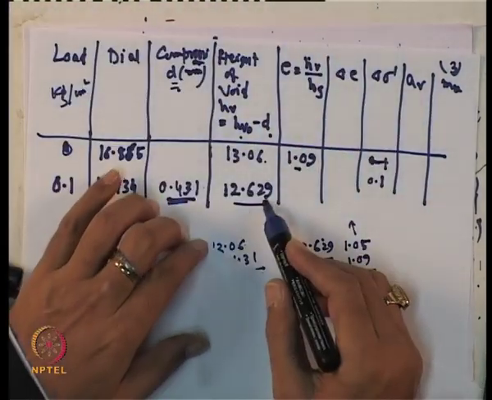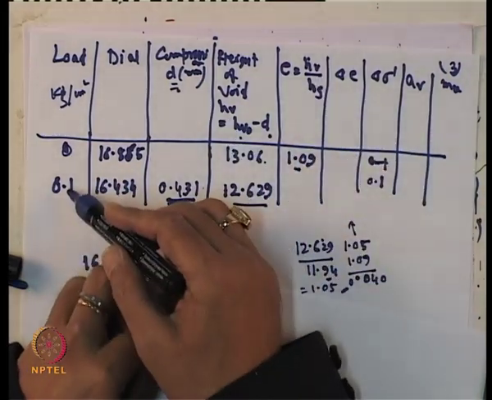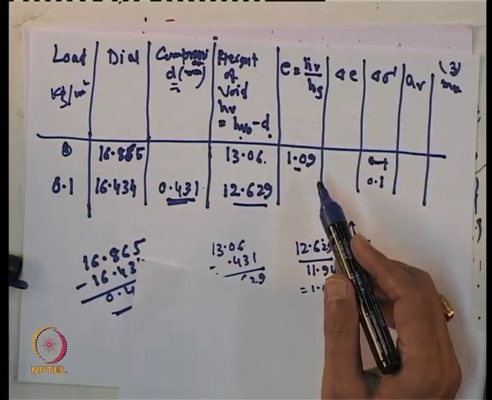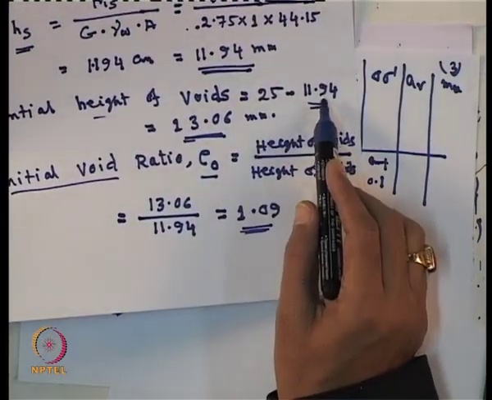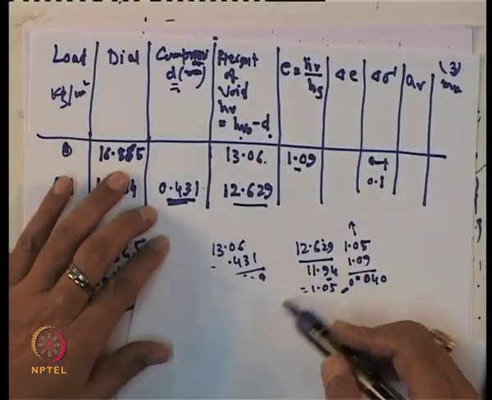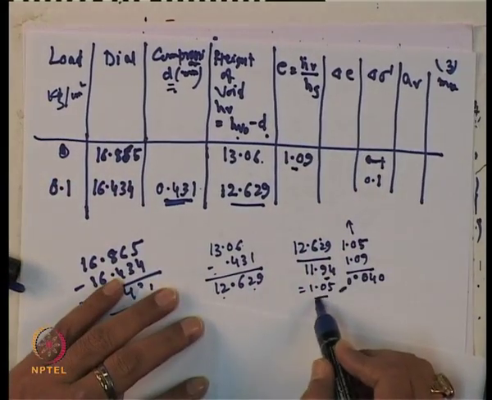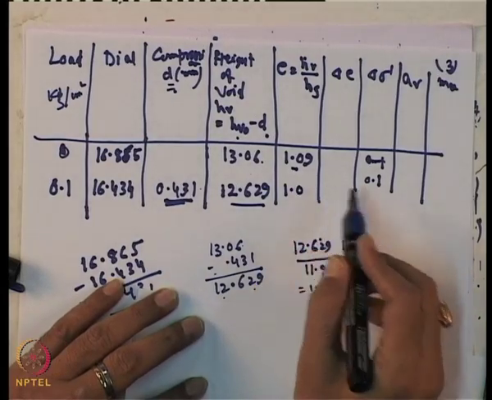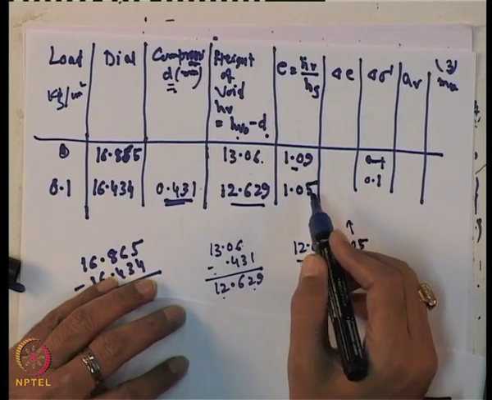So 12.629 is the height for a load of 0.1 kg per centimeter square, and the height of the solid, as I showed you, is about 11.94. 12.629 divided by 11.94 gives 1.05. So here the e value will be equal to 1.05.